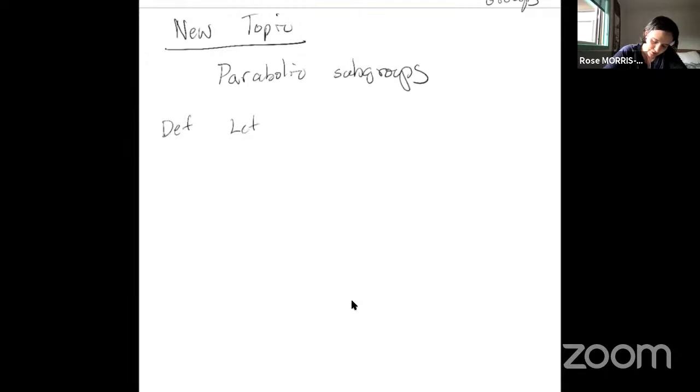I already talked about if I have some subset of my generators, and I look at the set that's just generated by this subset, right? So this is the subgroup generated by T.